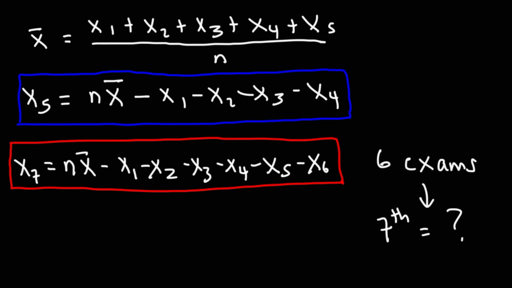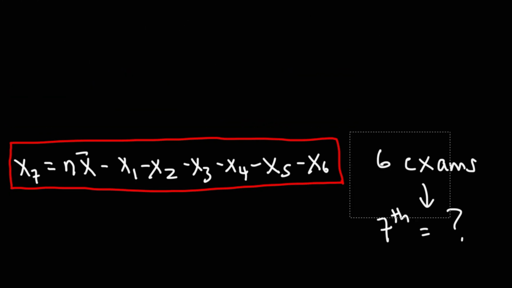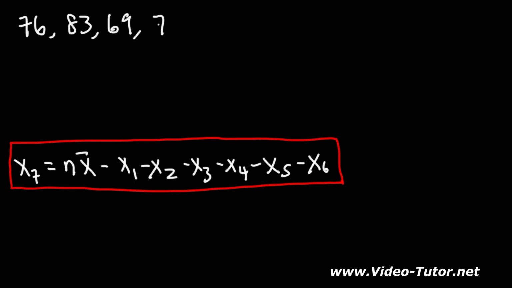So let's put that equation to use. So let's say Jim has the scores 76, 83, 69, 78, 85, 84.